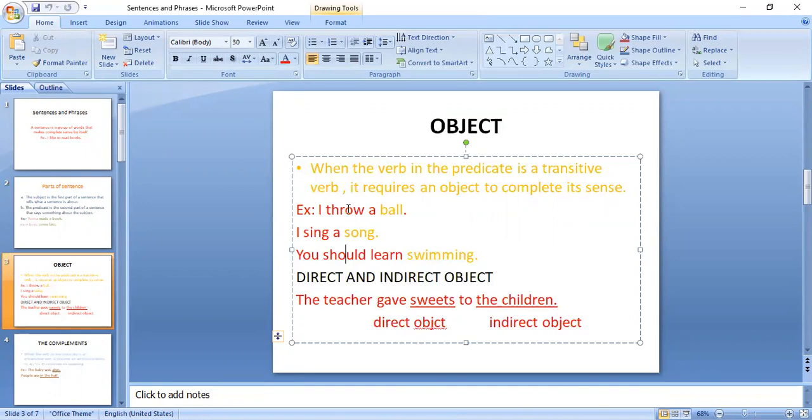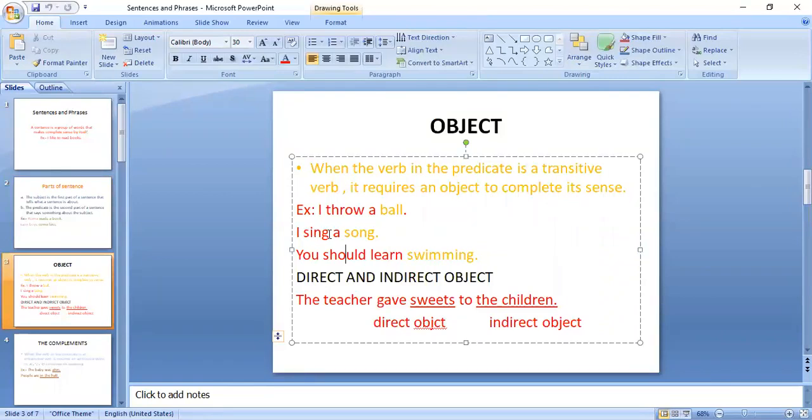If I say I throw, it gives us a meaning, but it seems incomplete. It needs something for further explanation. So, I throw a ball. A ball gives a complete sense to the sentence.